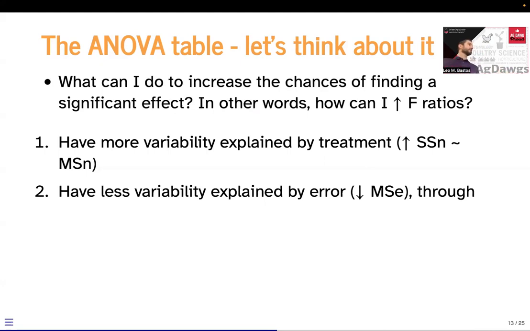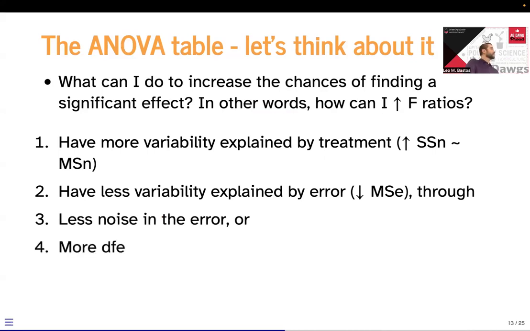It's just that maybe they did something to one rep differently from the other, and that is just adding extra noise to your error, right? So by being more meticulous with what you do for the whole study, you decrease how much variability is there in the first place. So less noise in the error or more degrees of freedom in the error, which is really the key one here.